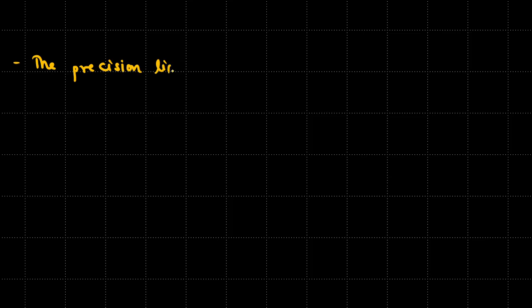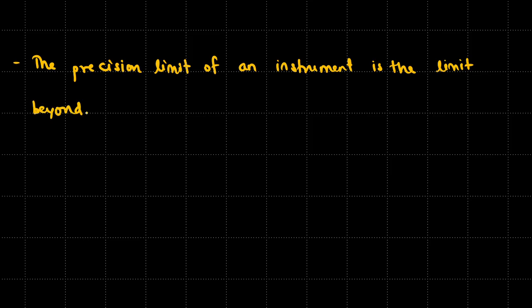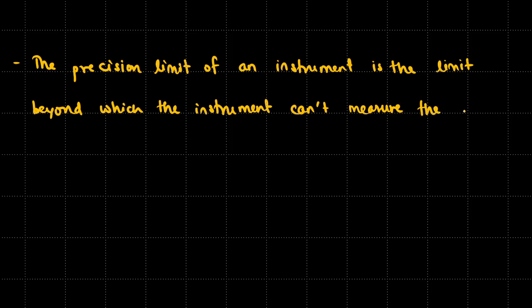The precision limit of an instrument is the limit beyond which the instrument can't measure the physical quantity properly.